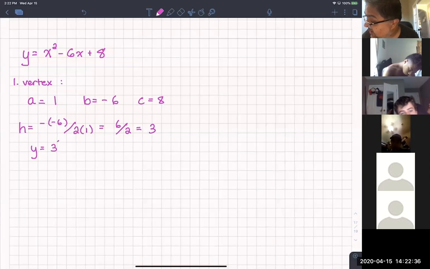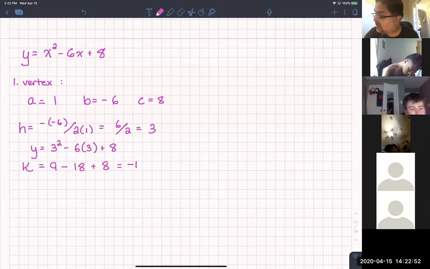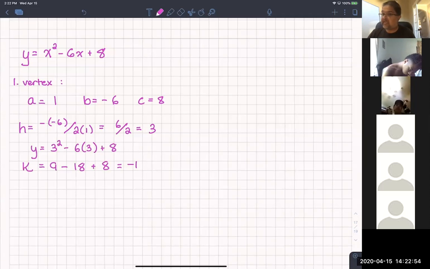So 3 squared minus 6 times 3 plus 8. 9 minus 18 plus 8. That's -9 plus 8, which is -1. So the y-coordinate is -1. So the vertex is 3, -1.